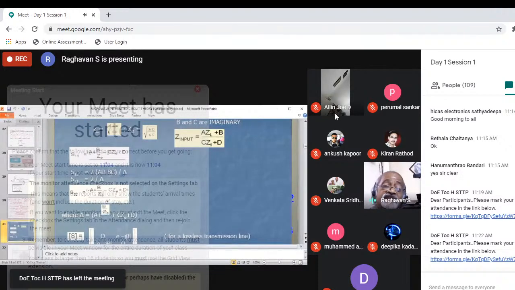If you know all those 3 conditions of the ABCD parameters, you can make the computation easier. And for any ideal transmission line, S11 and S22 are 0. That's why for an ideal transmission line, the S matrix is given like this. So this slide gives the summary of all the S parameters and interconnection.